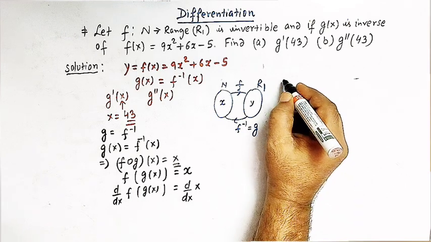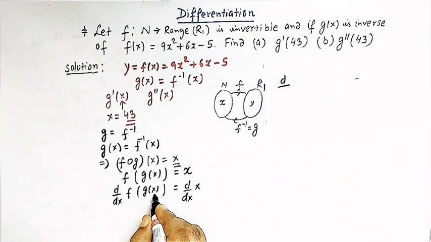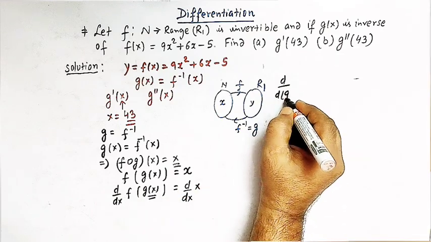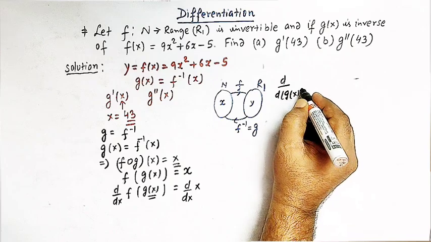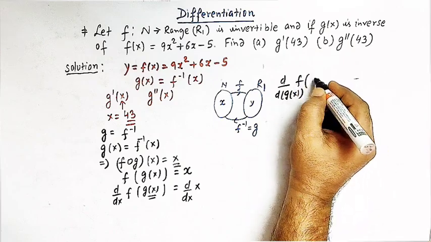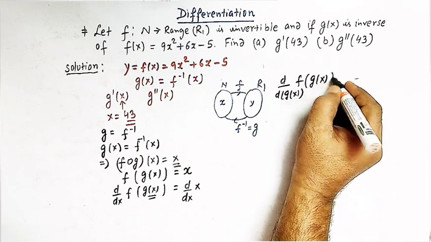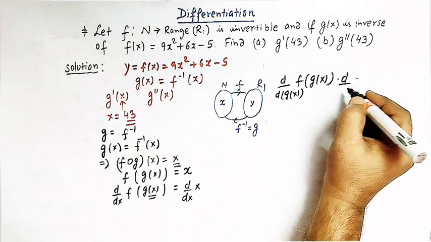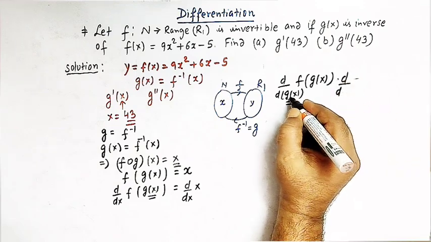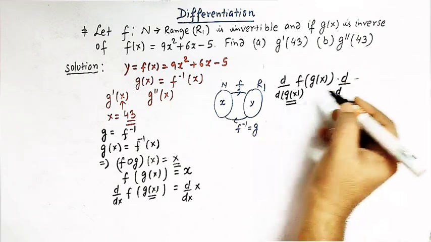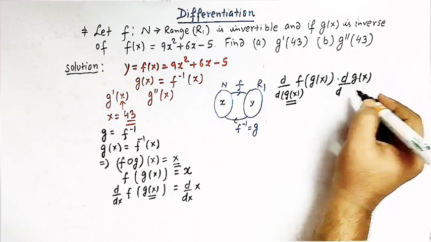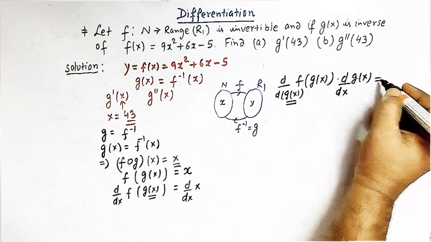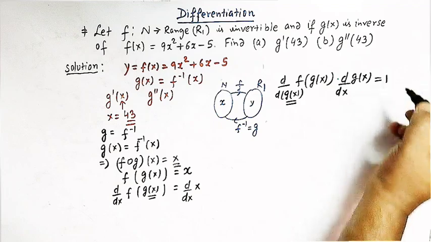So first we'll differentiate f of g of x with respect to g of x, and then by chain rule we differentiate g of x with respect to x, and here the derivative of x is 1.